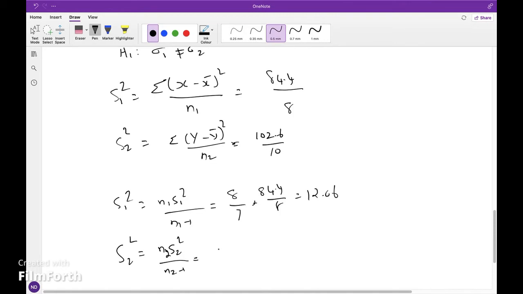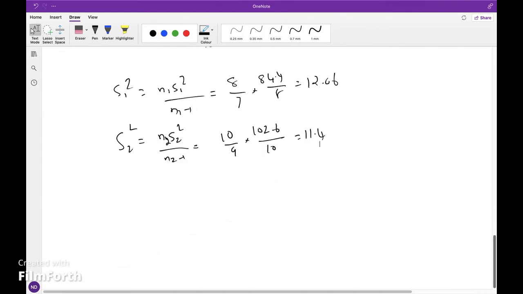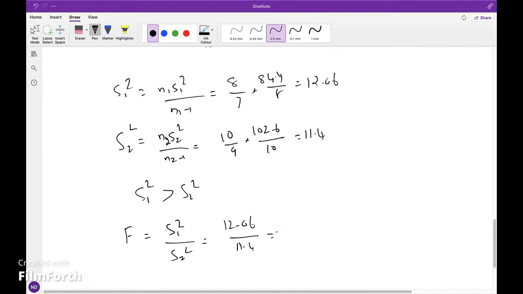That is equal to N2, 10 by 9 into 102.6 by 10. That is equal to 11.4. Use calculator. So here S1 squared is greater than S2 squared. So F statistic is given by S1 squared by S2 squared, that is equal to 12.06 by 11.4. Use calculator. The answer is 1.058.